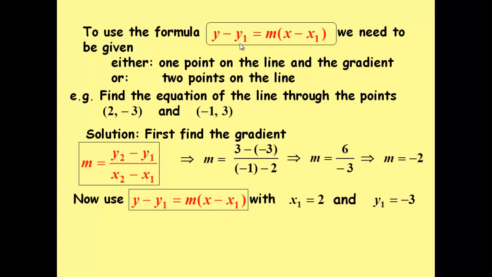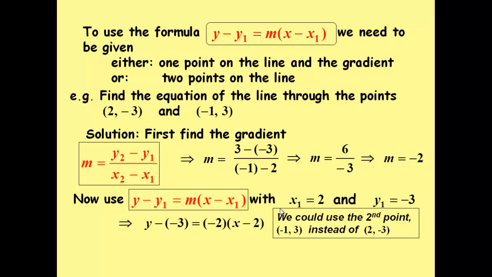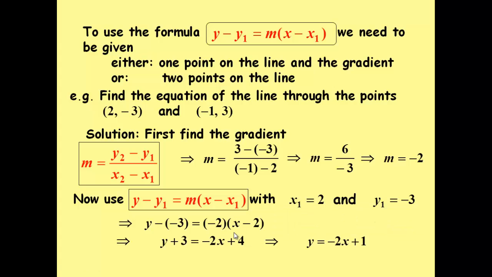If we then put that into this formula using either of these 2 points, so either use that x with that y, or alternatively that x with that y, well, we'll use the first 2, put them in, and then we simply rearrange this to get our equation of our line. We don't need to work out c, it comes out using the formula. And a lot of people find this a lot more friendly, a lot easier formula to use than y equals mx plus c.